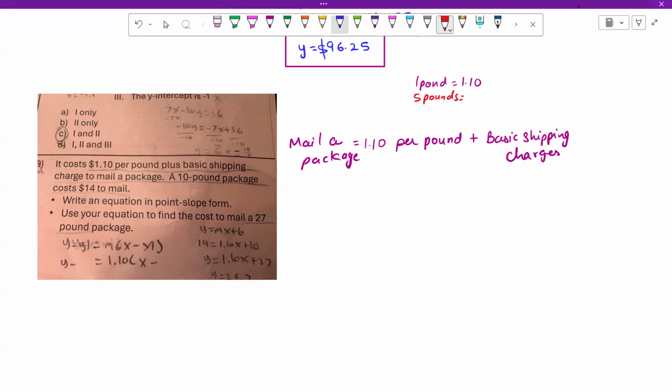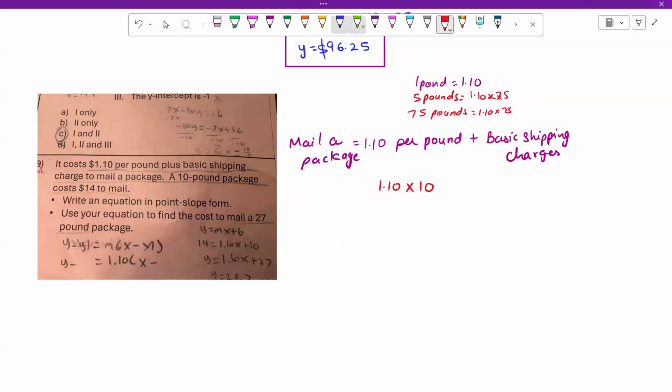Correct. And for 75 pounds, 1.10 times 75. Correct. And over here, they are saying 10-pound package. So for a 10-pound package, what will we do? 1.10 times 10. Yes.